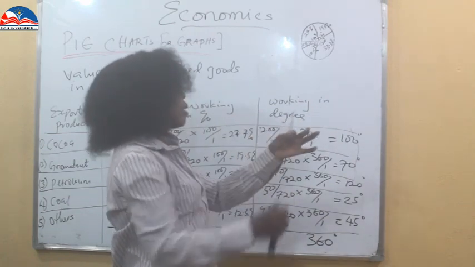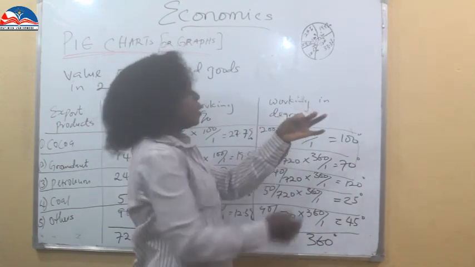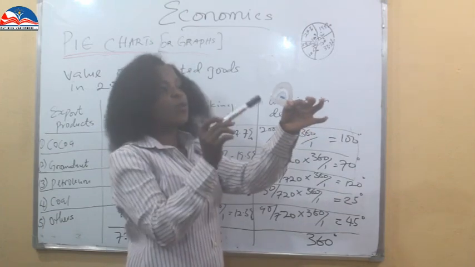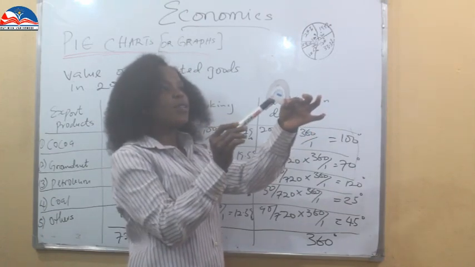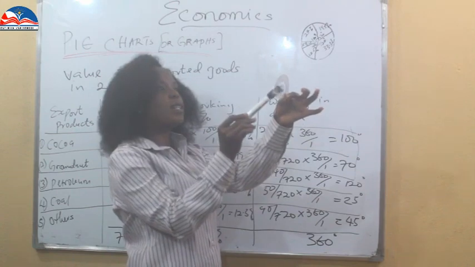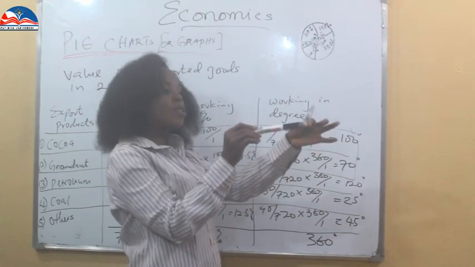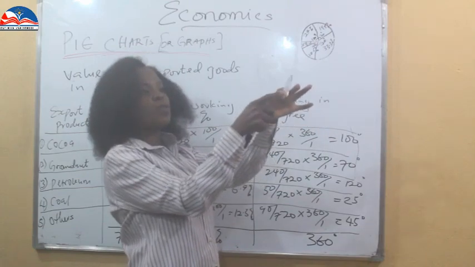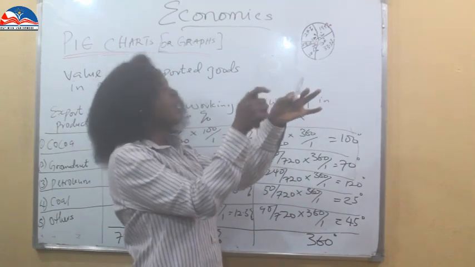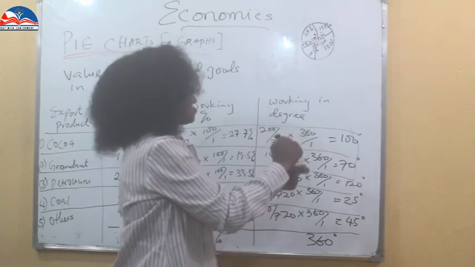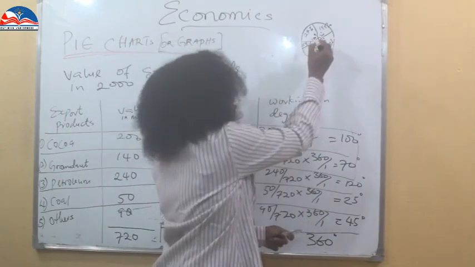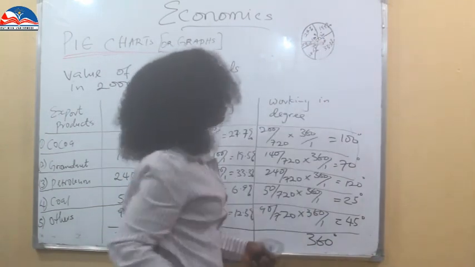Then trace. If this is 100, you trace from your protractor where there is 100, and you see 100 is here. You place it in your book and mark out your 100. Trace it to your point of origin. This point you see here is your point of origin in the circle. In this my diagram, I took this point as my point of origin and I traced.